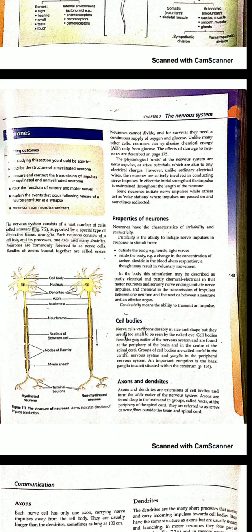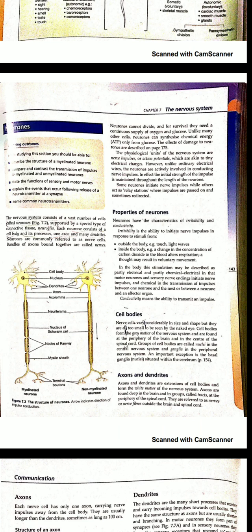In the body, this stimulation may be described as partly electrical and partly chemical: electrical in the motor nerve and sensory nerve endings that initiate nerve impulse, and chemical in the transmission of impulse between one neuron and the next or between the neurons and an effector organ. Next property, it has conductivity, which means the ability to transmit an impulse.